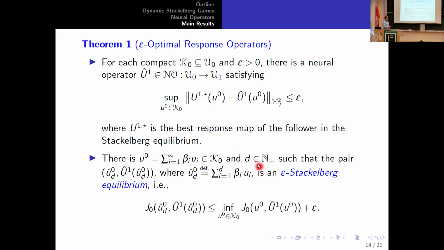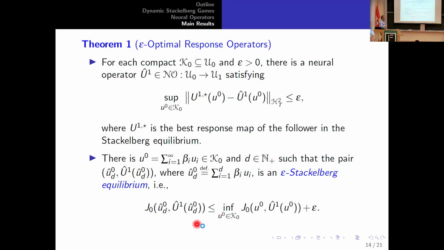There is a D such that this pair, hat U0 D, a projection of U0 onto a subspace, is an epsilon Stackelberg equilibrium.